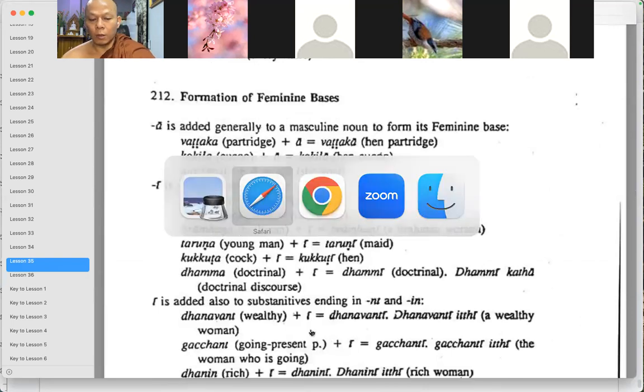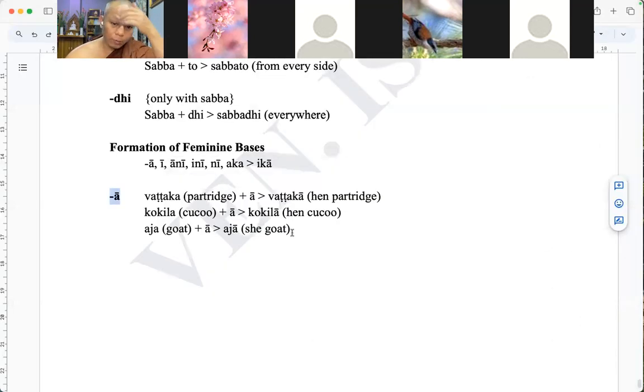Like the present participle kata, that is masculine, or neuter also.